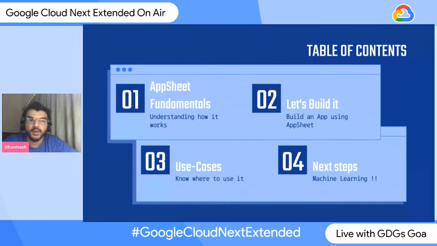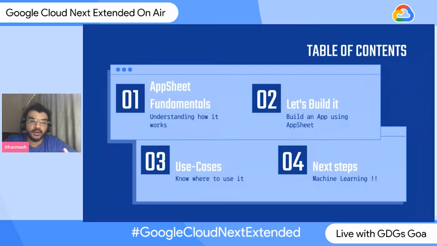So our talk will be focused around four major sections, which is understanding the AppSheet fundamentals. Then we try to develop a small app, understanding what the typical use cases are where these kinds of apps would work, and certain roadmaps for the next steps or for the future.